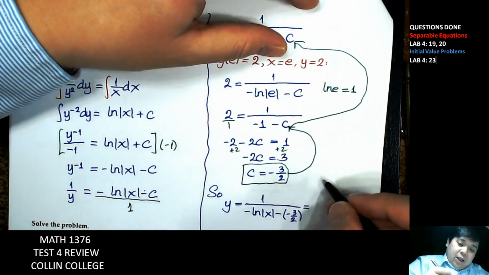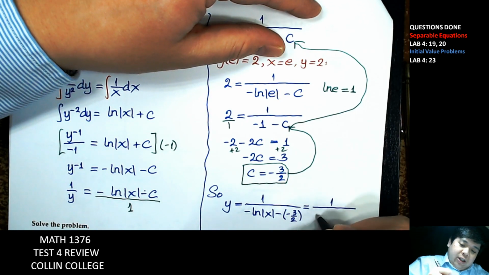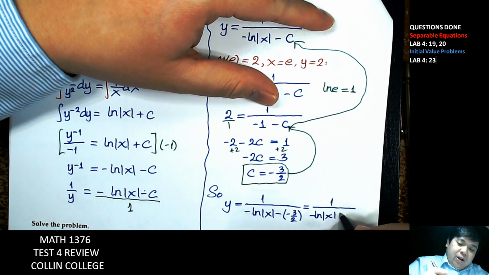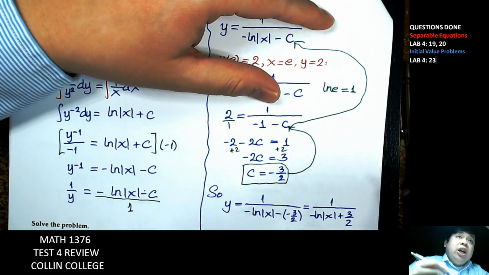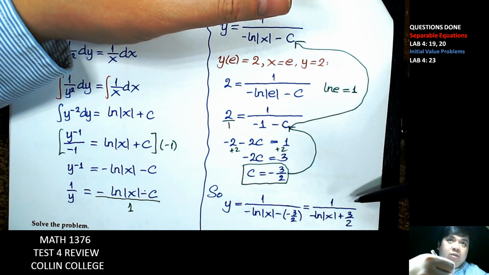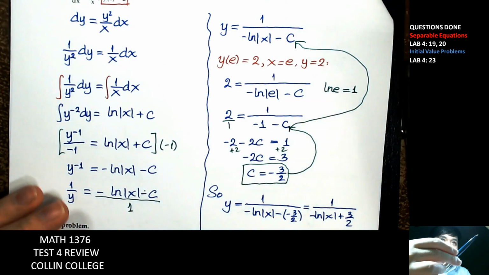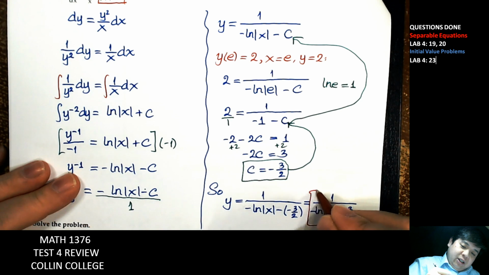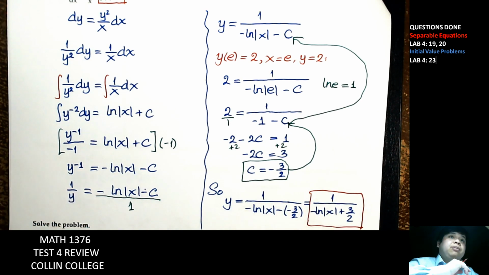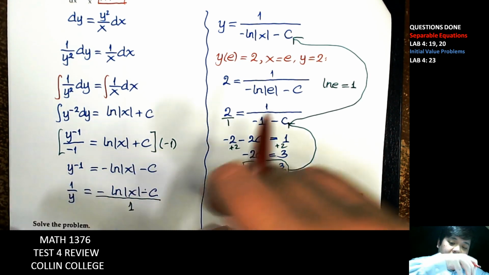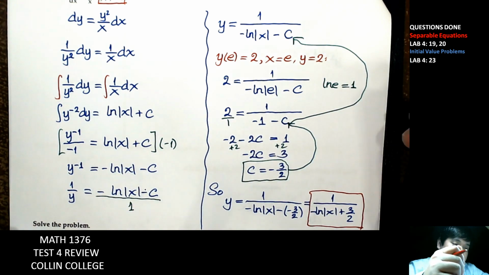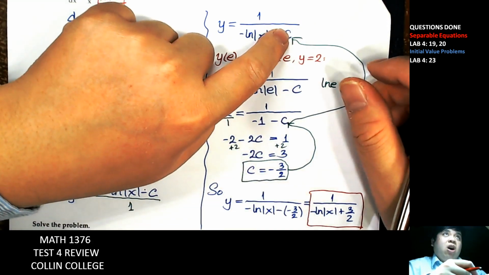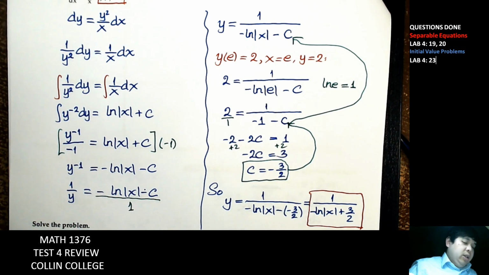Right, so it will be 1 over negative ln of absolute value of x plus 3/2. If we want to, we can multiply top and bottom by 2 and simplify, but it's quite good enough, because we have y equal to a function of x, and there's no arbitrary constant c, so that is good.